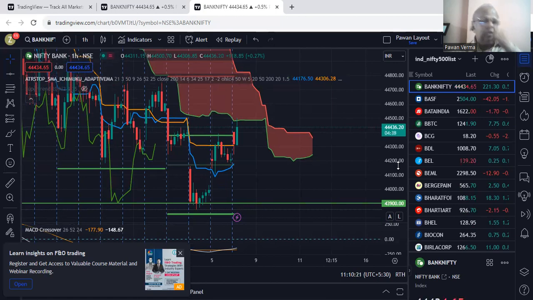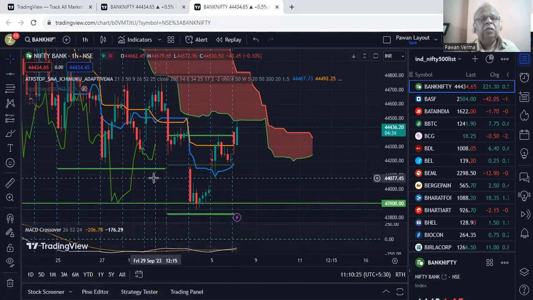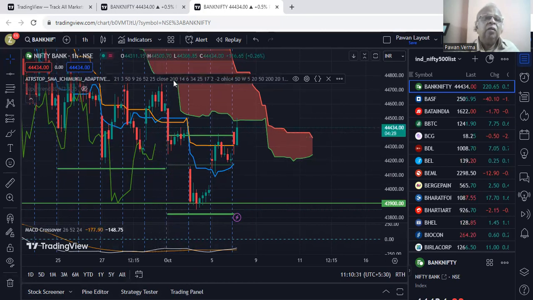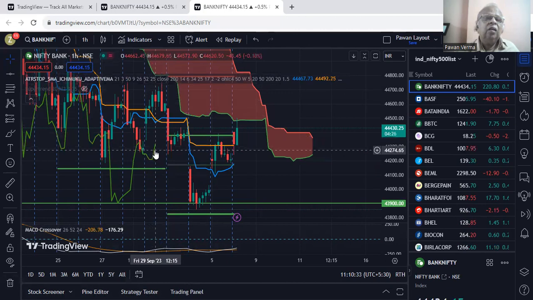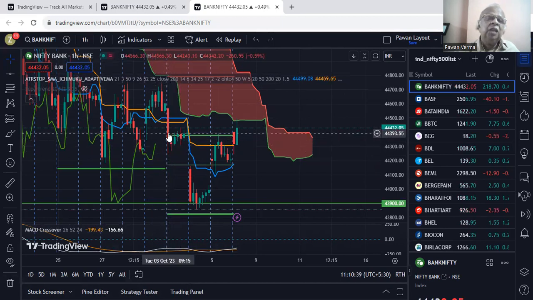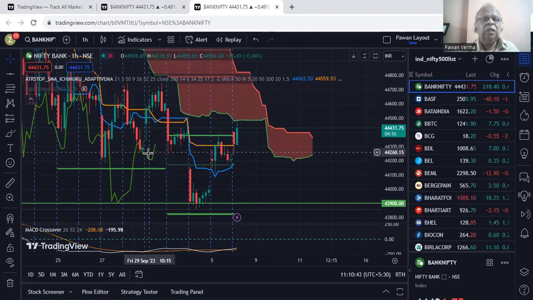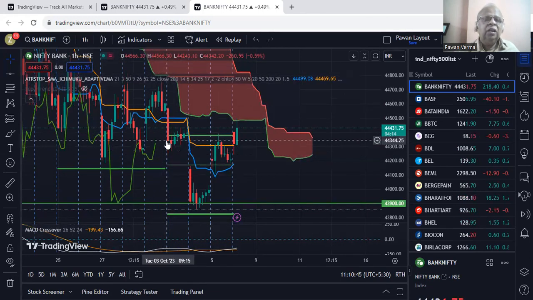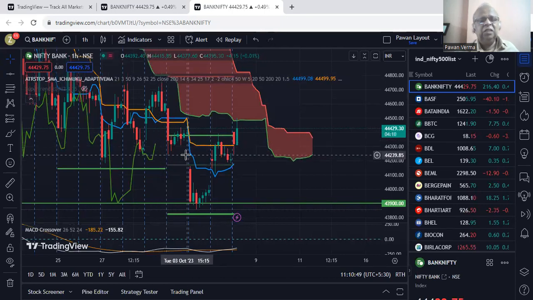What you are observing in the Nifty Bank, my dear friends? The position of Chikou span is below the cloud and below the price, and the distance between the Chikou span and price is high. So from here to here, there is no resistance seen at this stage.